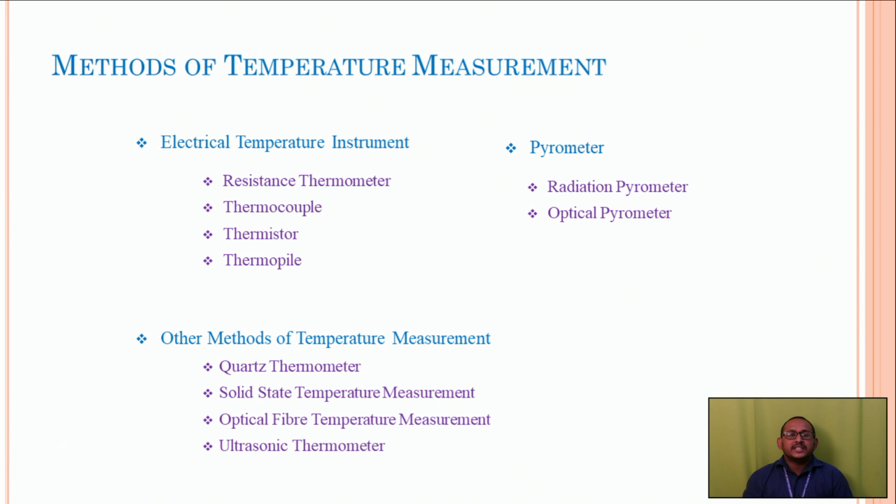Coming to the radiation type, they use pyrometers, the radiation pyrometer and optical pyrometer. The other methods available in the market are the quartz thermometer, solid state temperature measurement, optical fiber temperature measurement and ultrasonic thermometers.